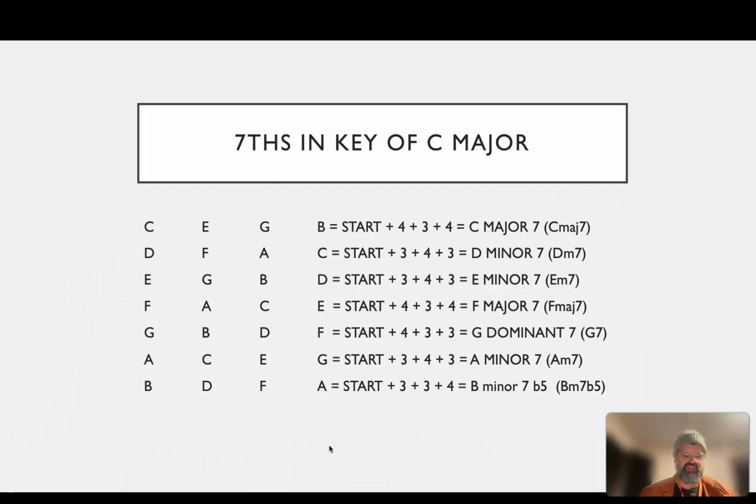So the notes for G major would be G, A, B, C, D, E, F sharp, and G. If I were to use those notes, we would end up with G major becoming G major 7, A minor becoming A minor 7, B minor becoming B minor 7, C major becoming C major 7, D major becoming D dominant 7th, E minor becoming E minor 7, and F sharp diminished becoming F sharp minor 7 flattened 5th. That's if we were in the key of G.